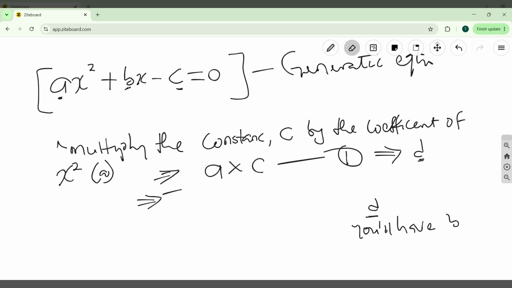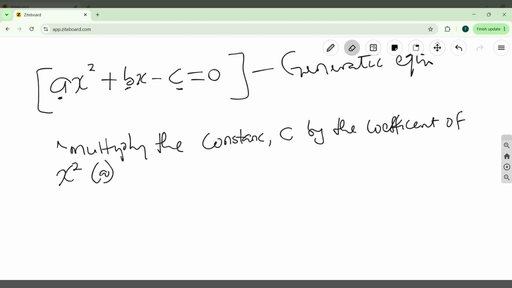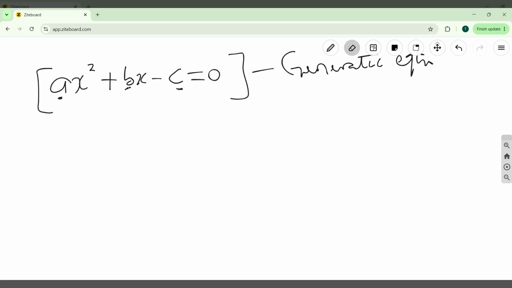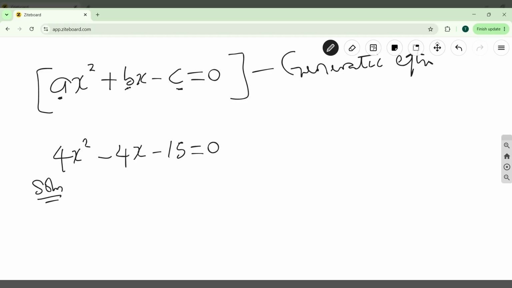Okay, let's put this into practice by solving one question real quick. So if we have a question on the board that says we should solve using the factorization method, 4x squared minus 4x minus 15 is equal to 0. Now, basically, the first step we will need to take, remember, is to multiply a by c.